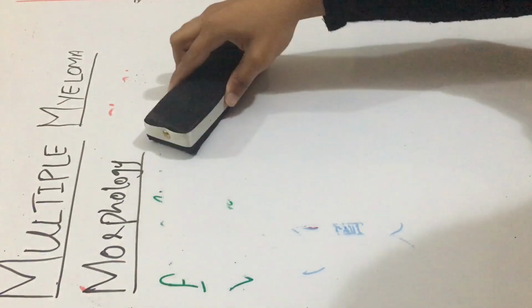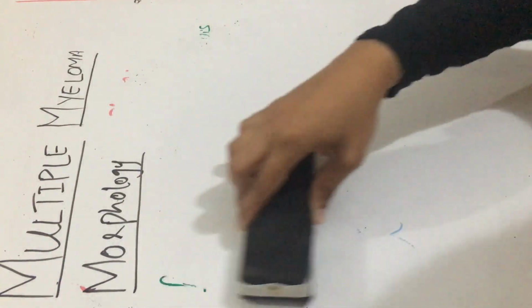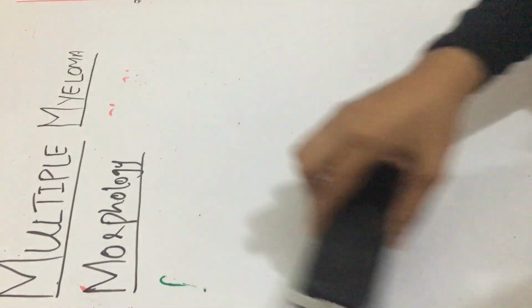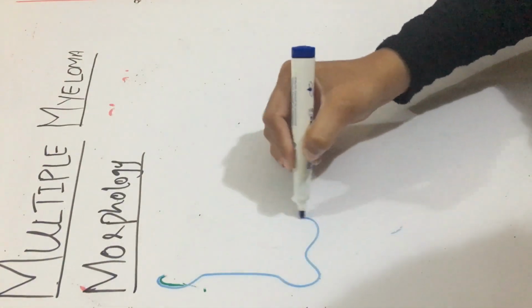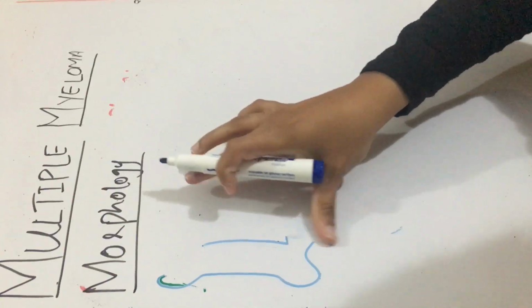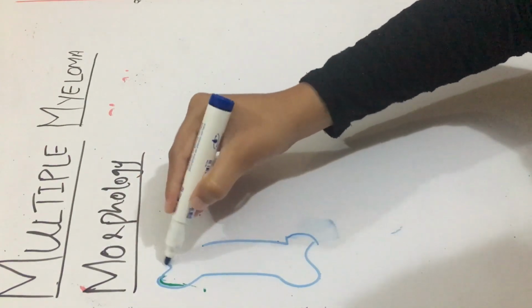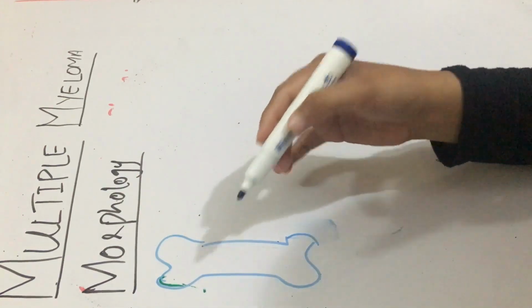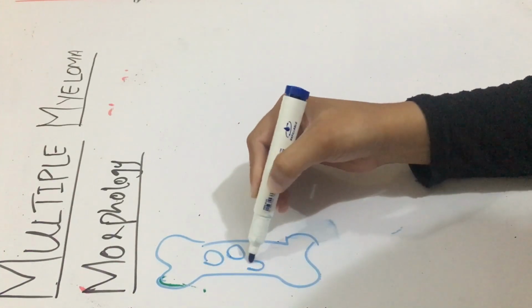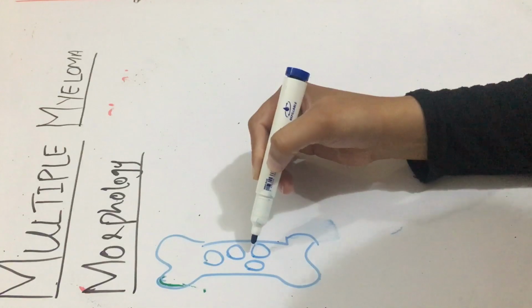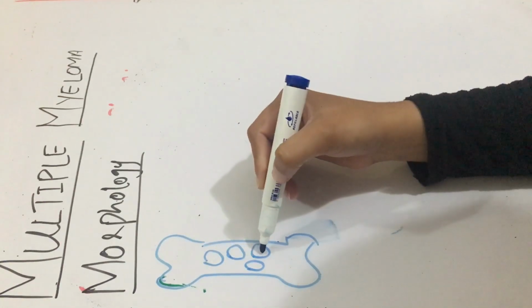Now next we discuss what you will see in the bone marrow. There would be an increased cellularity of plasma cells. The number of plasma cells would be more than normal, almost more than 30%.